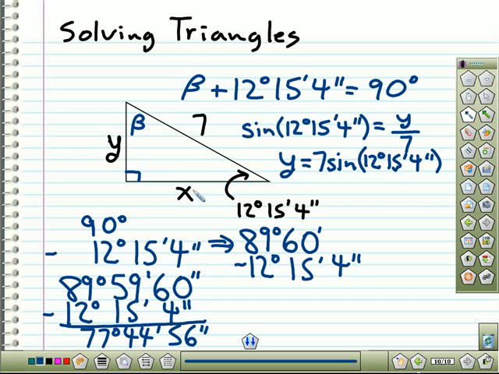We have the cosine of 12 degrees, 15 minutes, and 4 seconds, and that's equal to the adjacent side over the hypotenuse. So it's pretty much the same way. If you've worked this out with your calculator, you just second enter and replace the sine with cosine. Everybody see that?